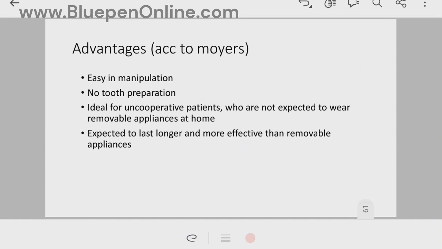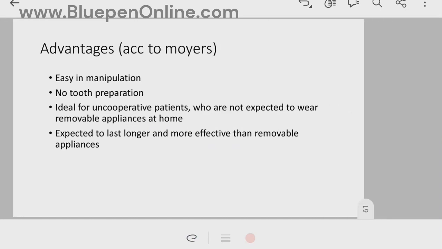Now we have some advantages. According to Moyers, there is easy manipulation, no patient cooperation required, and it is ideal for uncooperative patients, and also those who have epilepsy or recurrent seizures, because a removable appliance is not suitable for them. Also, the fixed appliance will last longer than the removable one, and that will be more effective.